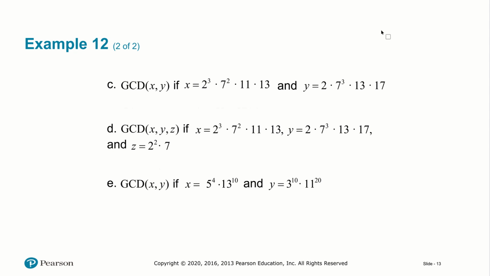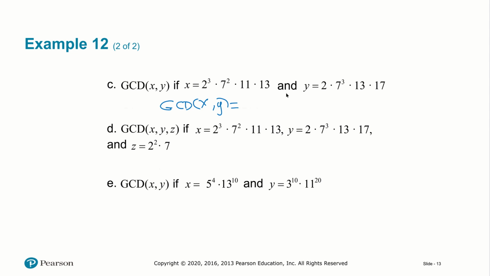All right, so notice that the GCD of x and y is going to be, now let's look at the numbers that they have in common, the prime numbers that they have as common factors.